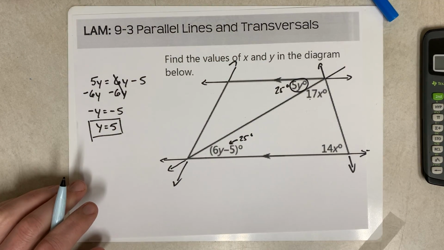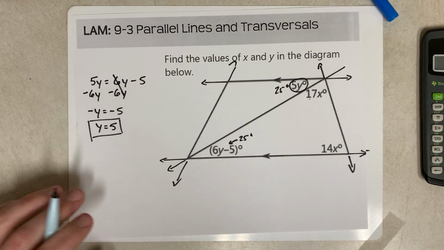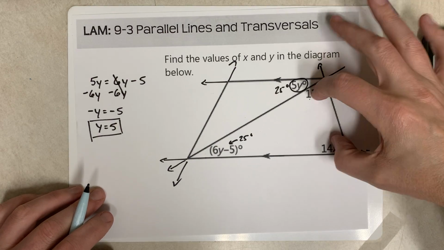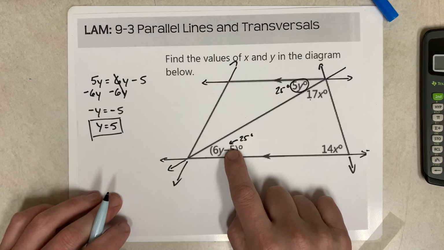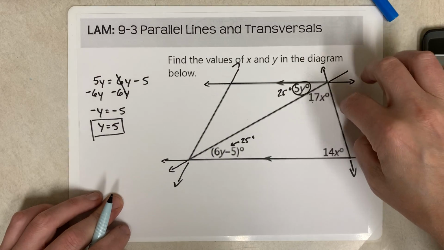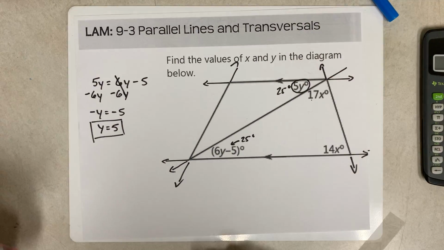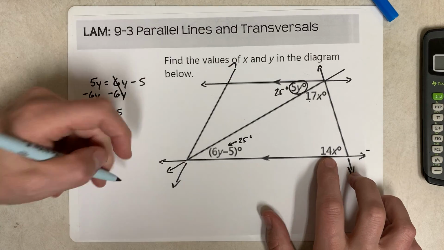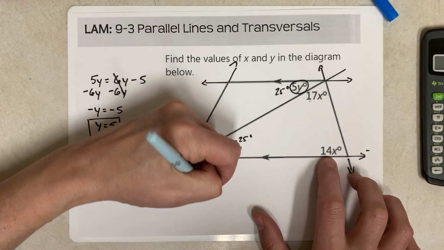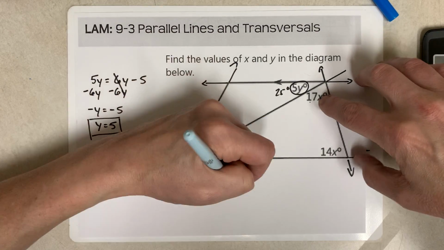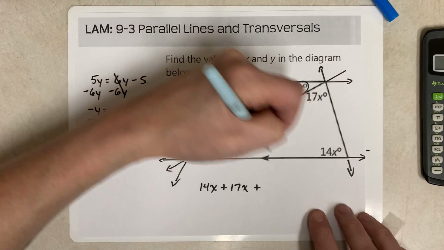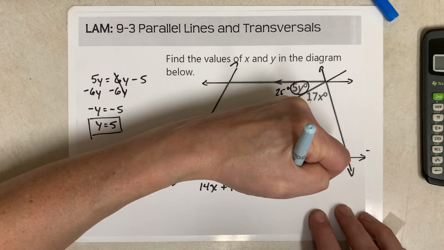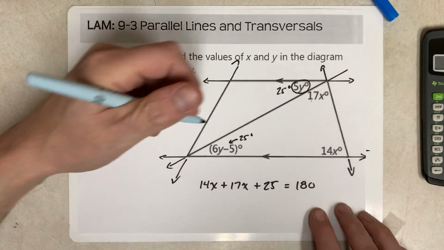Okay, a couple things I can do. Now I can take these two and this and add it all up to 180, or I can take all of these and add it up to 180. It's the same thing. So what I'm going to do is take 14x plus 17x plus 25, and I'm going to set that equal to 180 and solve.